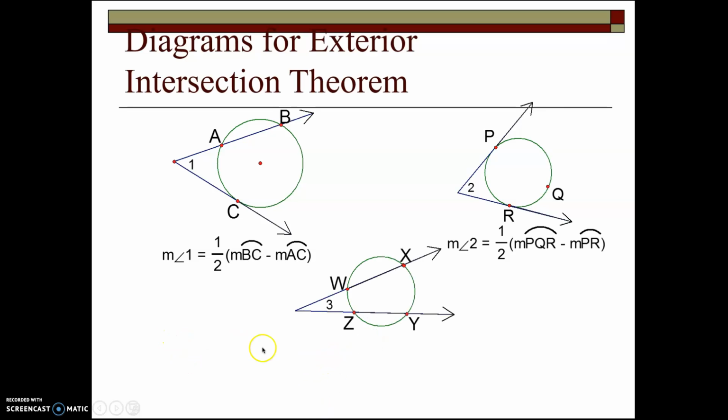Here we have two secants that intersect outside the circle, so we're looking for angle 3. It's going to be 1/2 the difference of XY, the bigger arc, minus the smaller arc. So measure of angle 3 equals 1/2 of the bigger arc XY minus WZ, the smaller of the two.